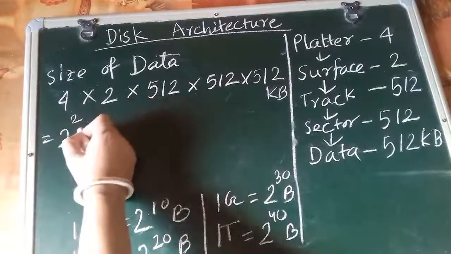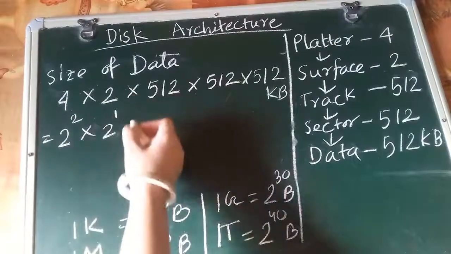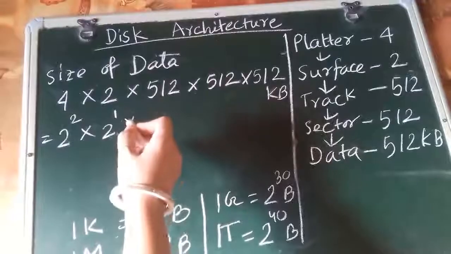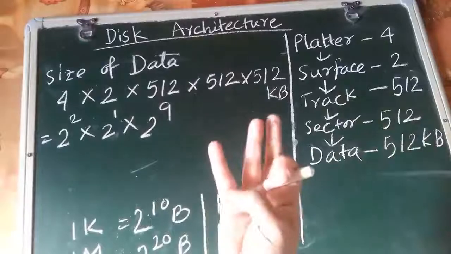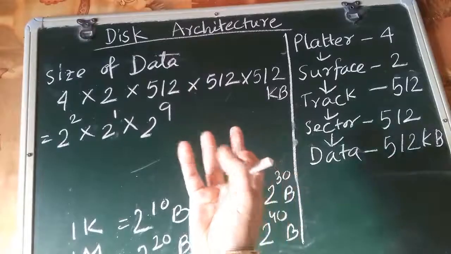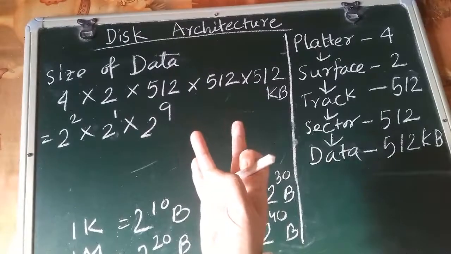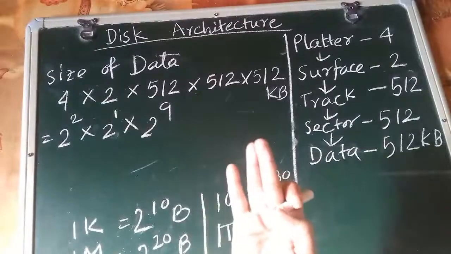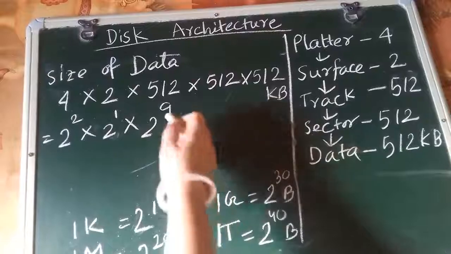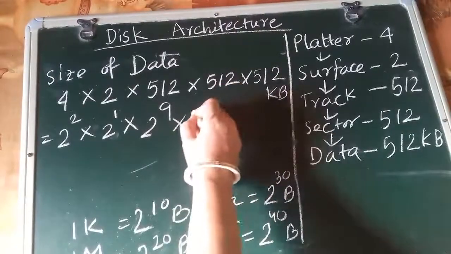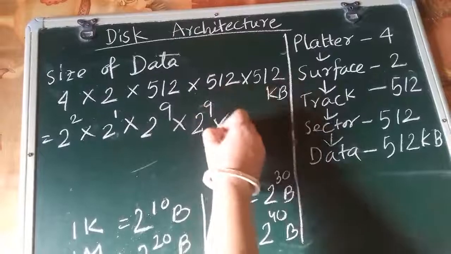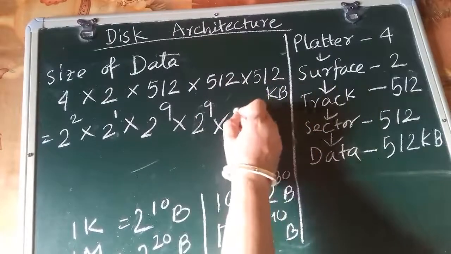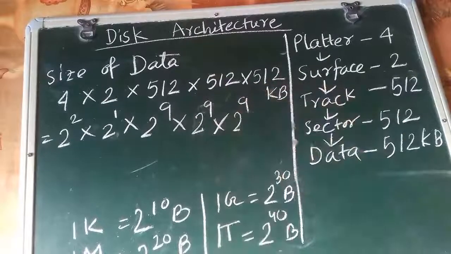So 4 means 2 to the power 2, 2 means 2 to the power 1, and 512 means 2 to the power 9: 2, 4, 8, 16, 32, 64, 128, 256 and 512. Similarly for sectors, this will be 2 to the power 9. 512 KB, 512 is 2 to the power 9.